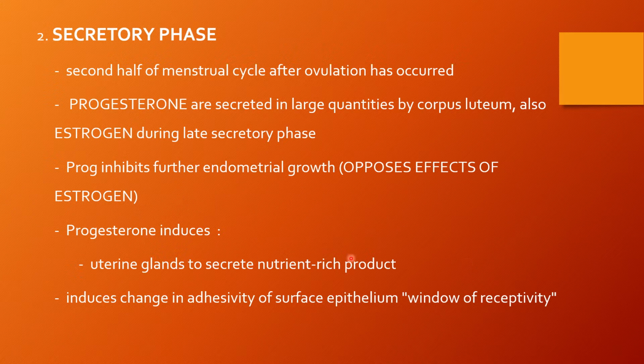Thus, your progesterone induces uterine glands to secrete a nutrient-rich product and induces change in the adhesiveness of the surface epithelium, bringing about what we call the window of receptivity. This paves the way for possible implantation.